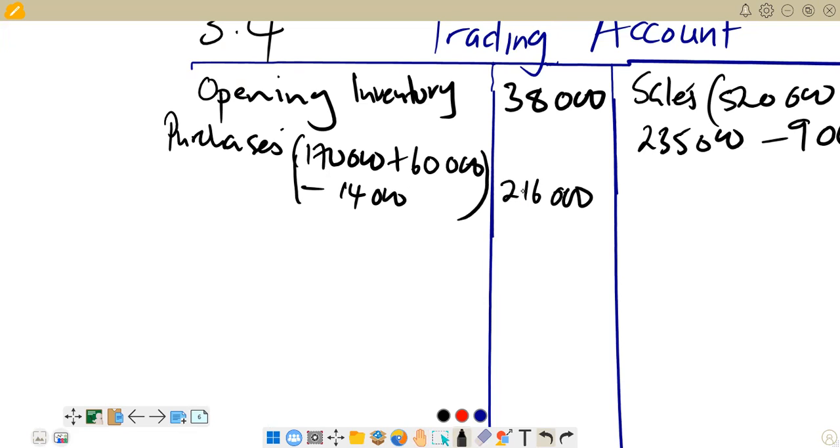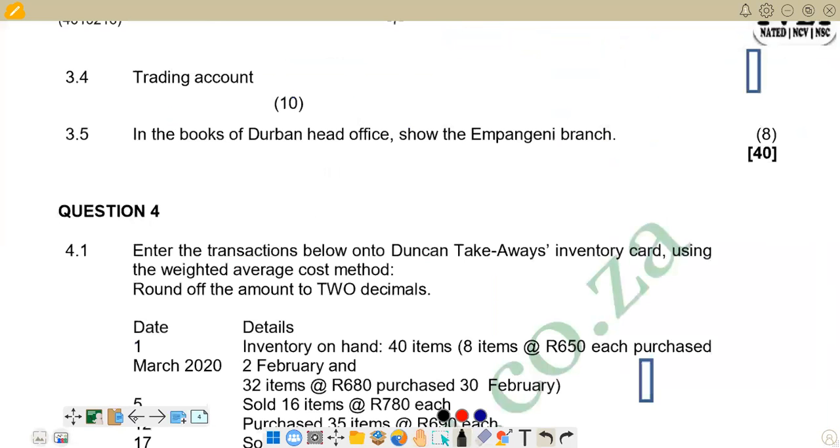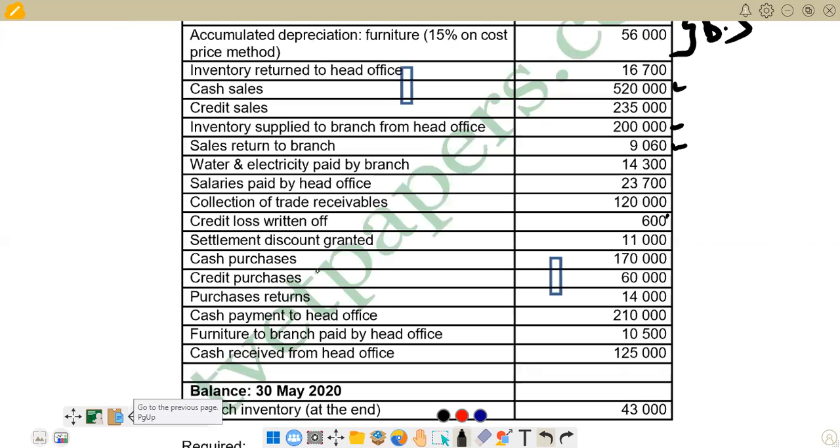And then we go to check what we have next in the list of balances that we are given there. Right, so after this purchases part, we go to cash payments to head office.